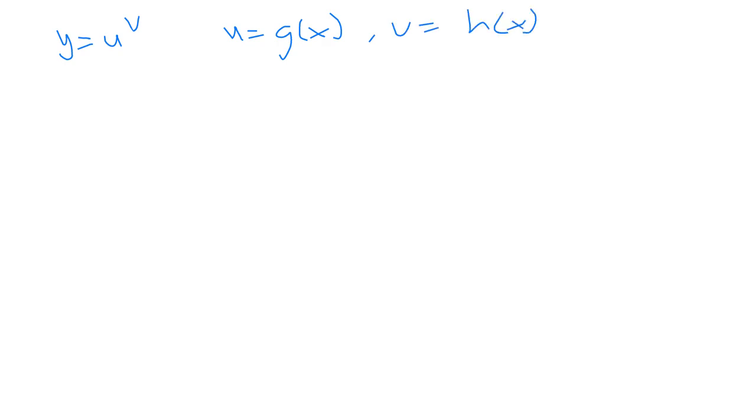We don't really have a way to derive a function raised to another function. But we can manipulate our functions in order to get them in a form where we can derive it. So especially when we have a function raised to another function, we use logarithmic differentiation.